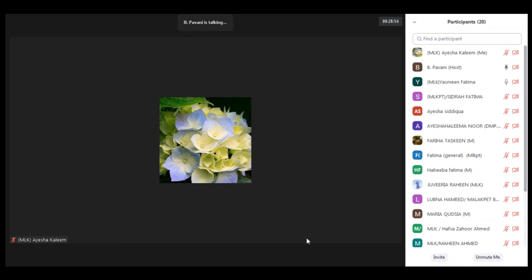These girls only are there from generals? Anyone else? Nafis Unisa. So Shirin Malkan, Nafis Unisa 2, Maria 3, Fatima 4, Faria Taskin 5, Aisha Siddika 6. So 6 girls have attended the class from generals.